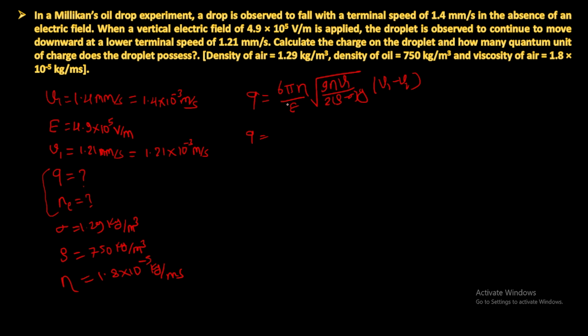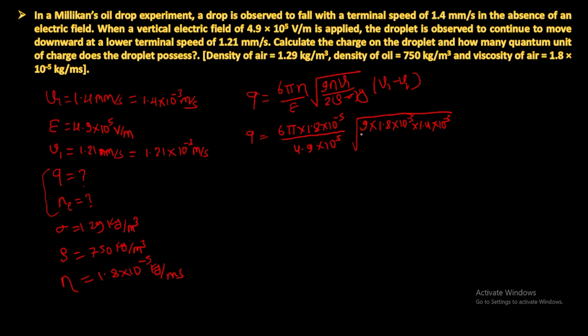By substituting the values of all the given parameters here, 6 pi eta means 1.8 into 10 to the power minus 5, divided by electric field 4.9 into 10 to the power 5, under root, this is the expression of radius, that is 9 into eta, which means 1.8 into 10 to the power minus 5, into first terminal velocity 1.4 into 10 to the power minus 3.